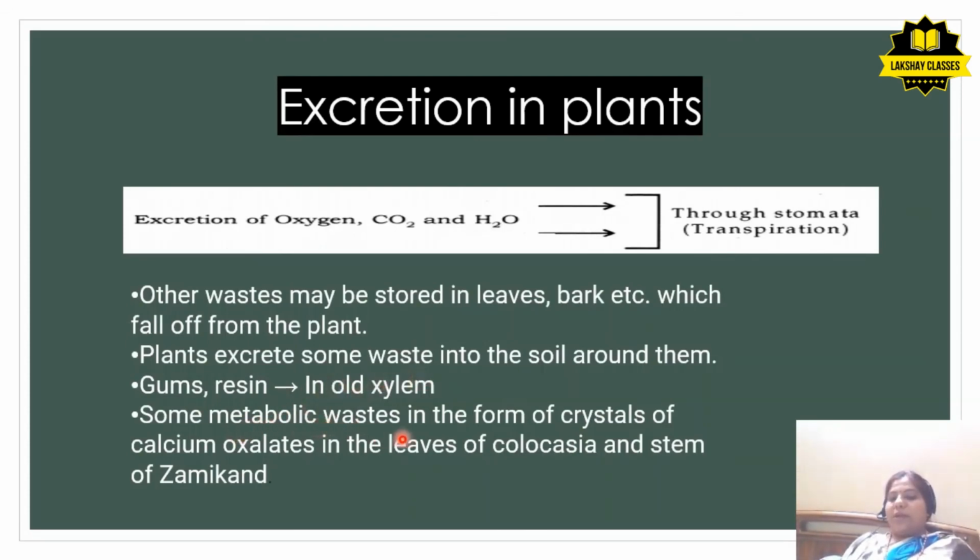Some metabolic waste in the form of crystals of calcium oxalate is seen in the leaves of colocasia and stems of jimikand. Jimikand, all of you must know, is a sort of vegetable. So these are all excretory products which can be seen at different parts of the plant.